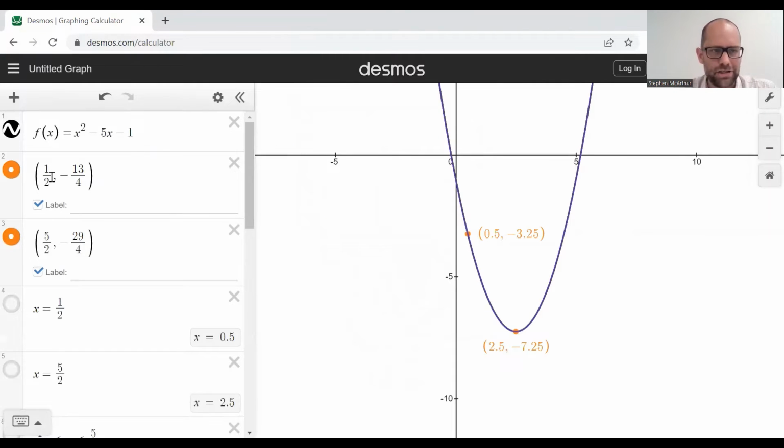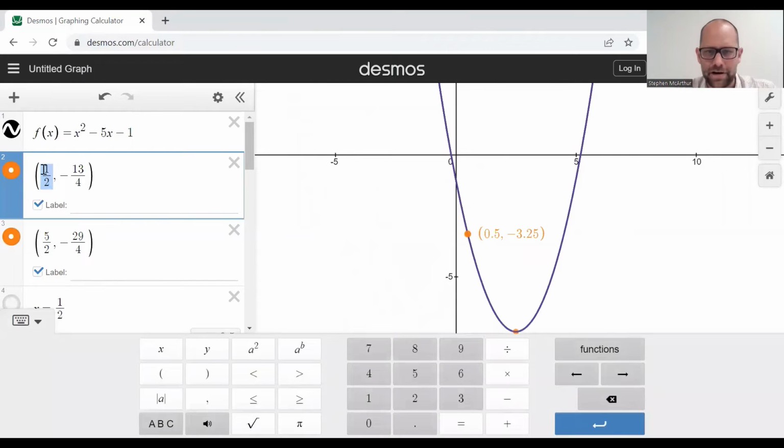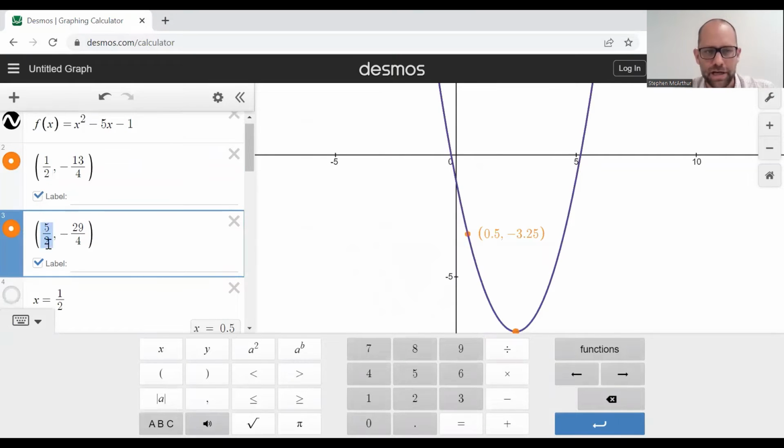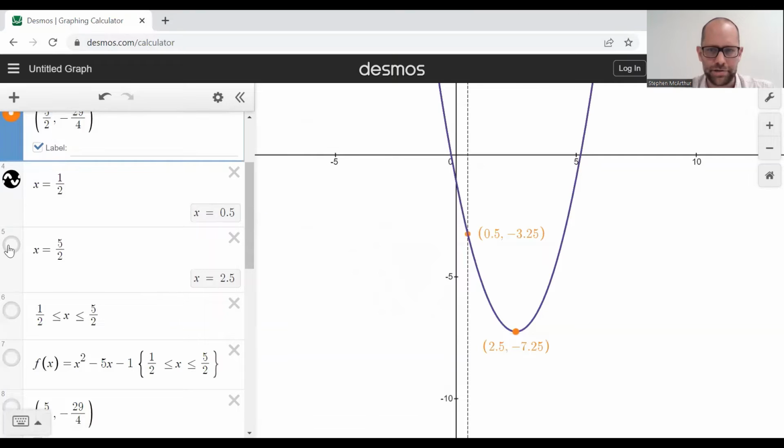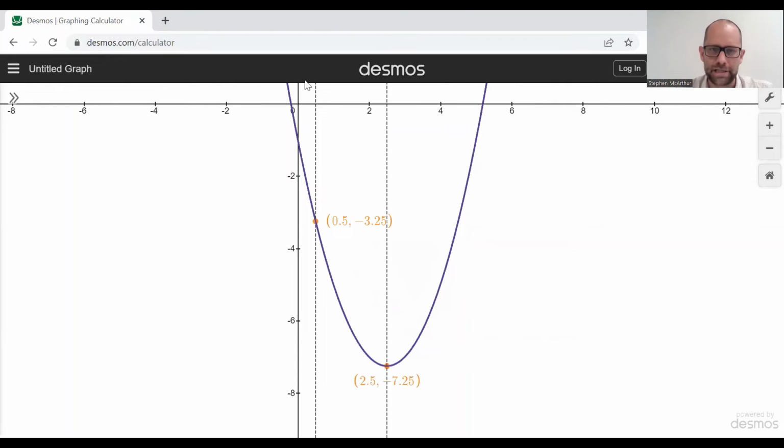Now, what I want to think about is just this x value here for a minute. Maybe you can see I'm kind of hovering over 1/2 on the left-hand side of my screen. And I want to think about just the x part, this point. So to help me think about just those x parts, I've lined up a dotted line for myself that goes with just the x part.